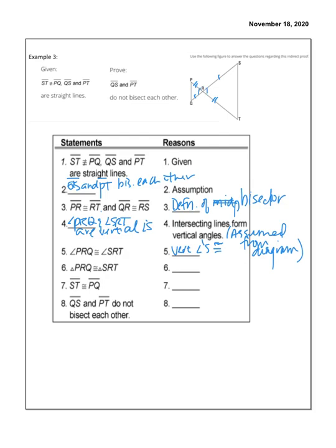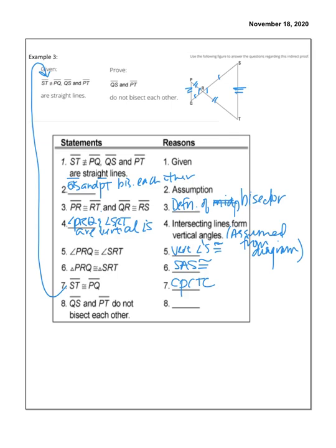And so we can see that the two triangles are congruent now by side angle side congruence. Therefore, ST is congruent to PQ by CPCTC. Well, maybe you didn't notice, but that is a contradiction of what was given.